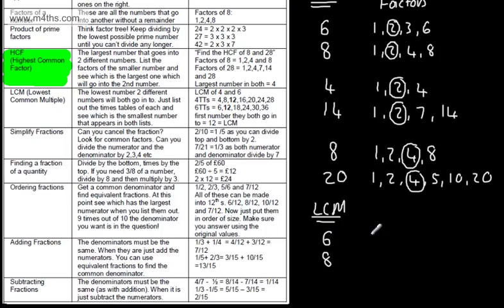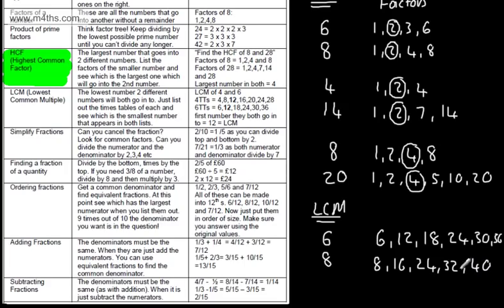So let's have a look at 6. The 6 times table will give me 6, 12, 18, 24, 30, 36. The 8 times table: 8, 16, 24, 32, 40 and so on. Straight off we can see the first number they both go into is 24.